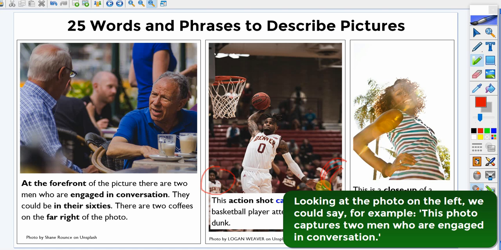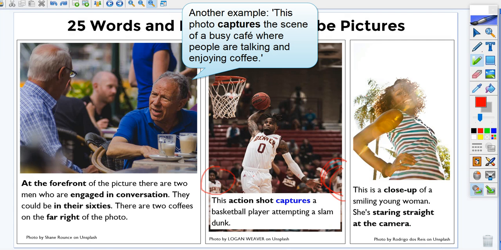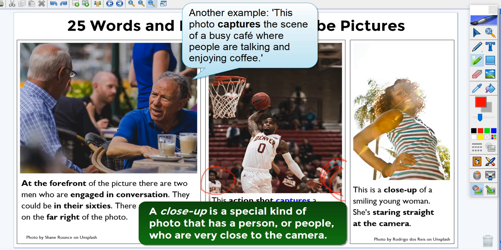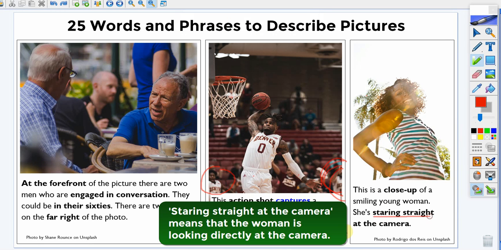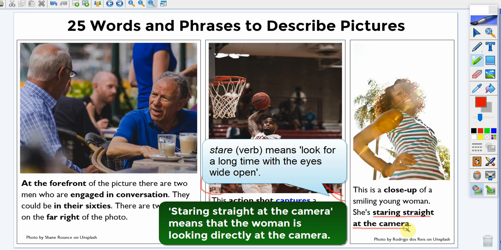Looking at the photo on the left, we could say, for example, this photo captures two men who are engaged in conversation. A close-up is a special kind of photo that has a person or people who are very close to the camera. Staring straight at the camera means that the woman is looking directly at the camera.